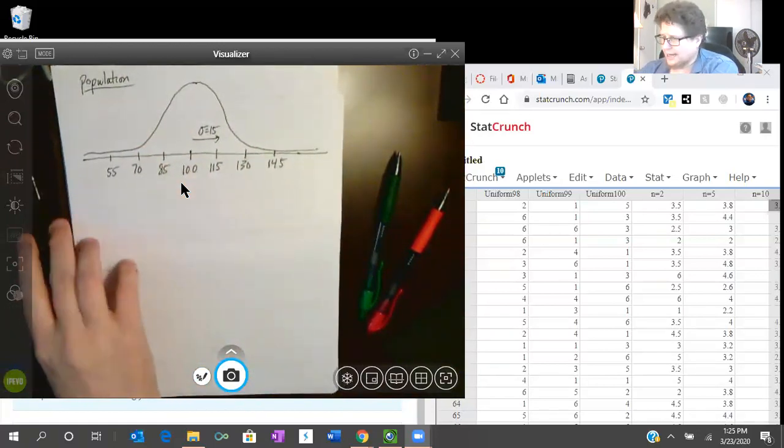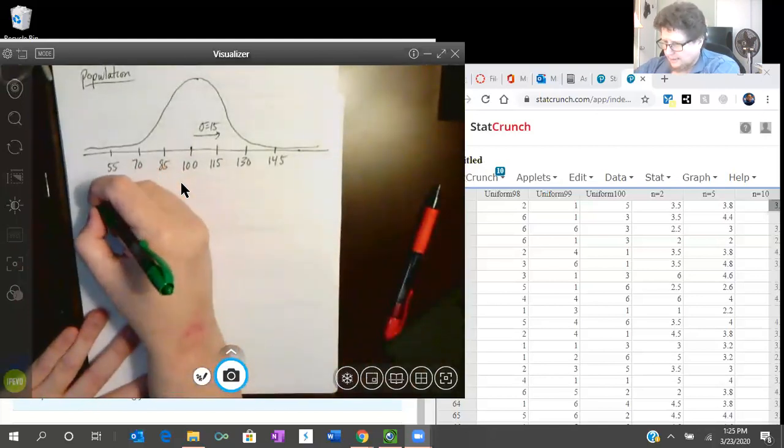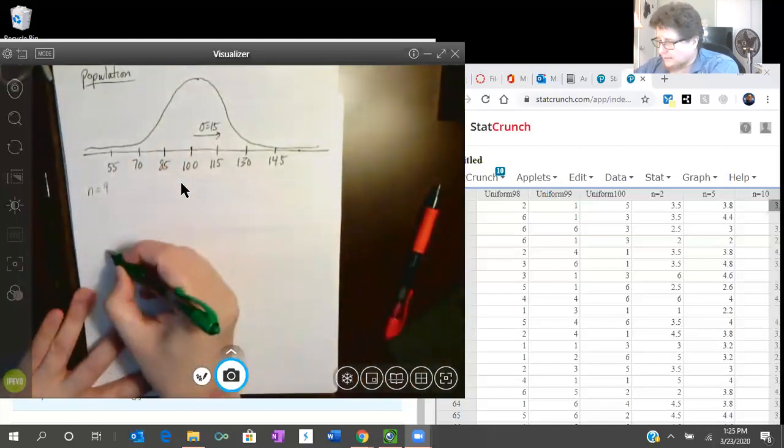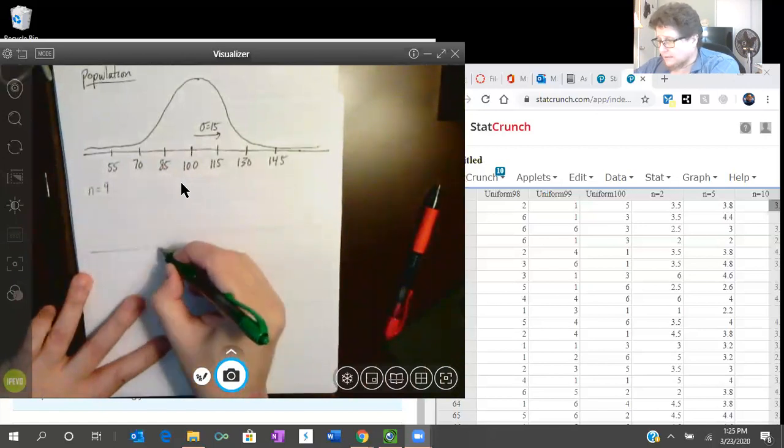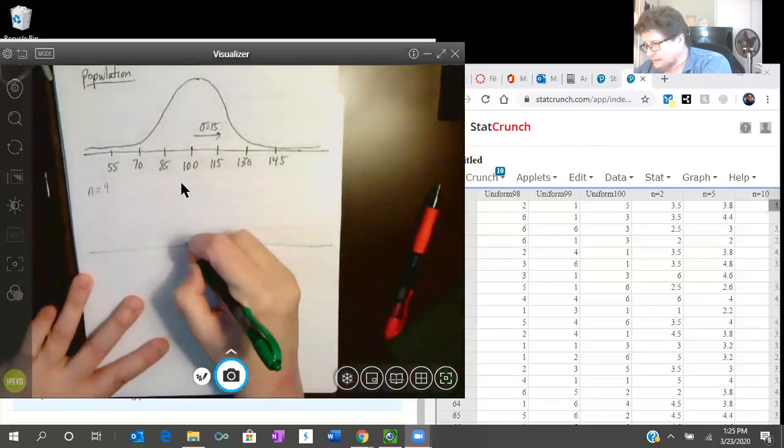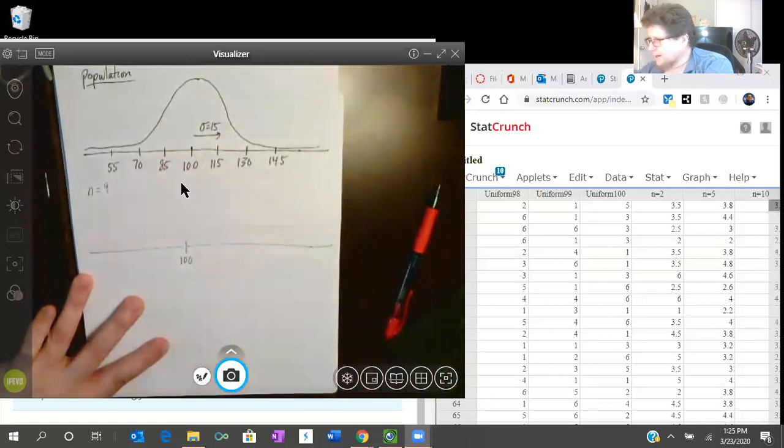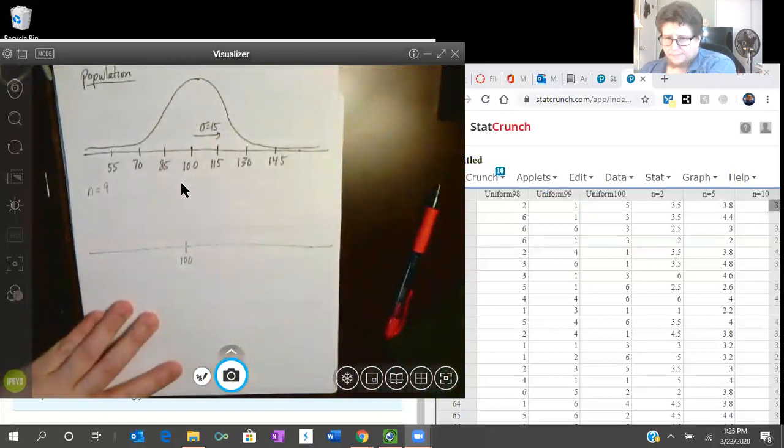If I look at n equals 9, I want my same 100. But now the standard deviation is 5.